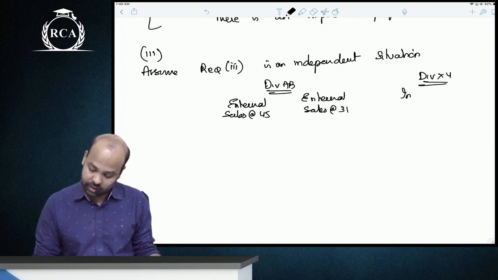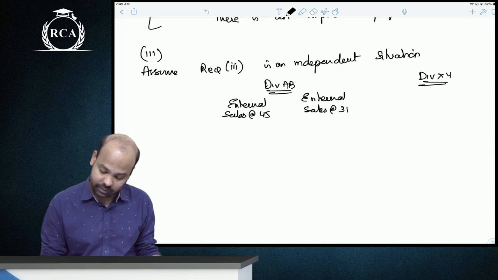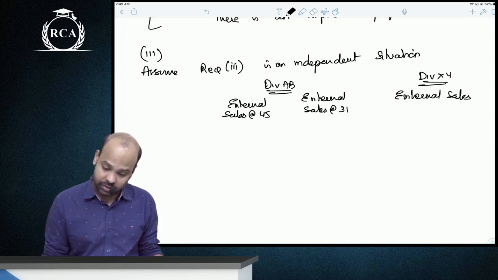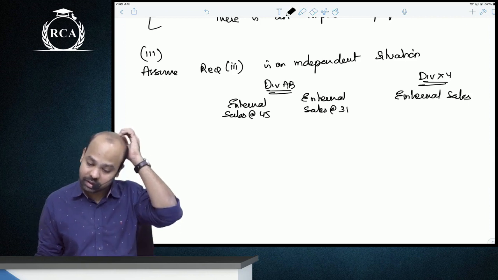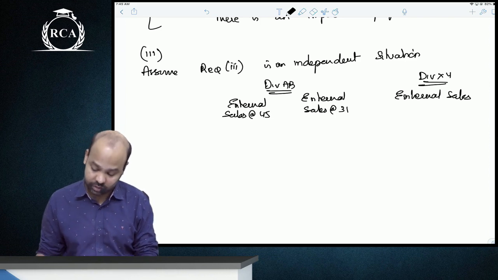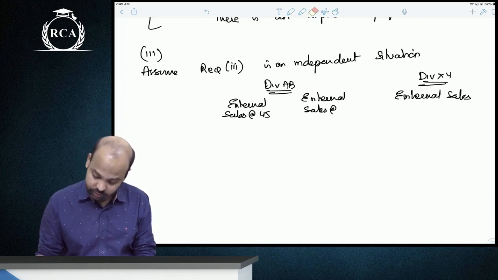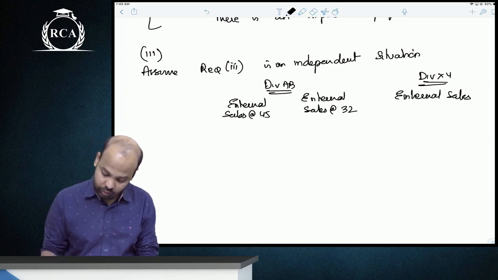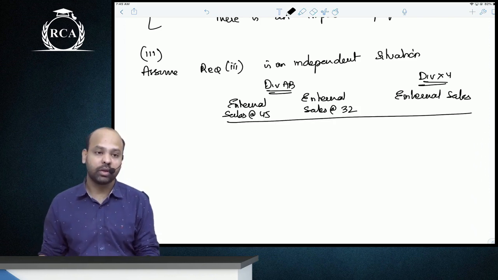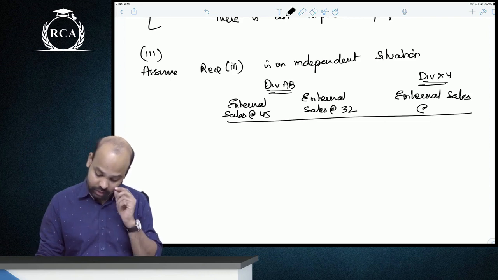Please understand, beta, division AB, guys, can sell 10,000 units in the open market at 32, I'm so sorry guys, at 32 rupees. And the other division, beta, is procuring it at 31 rupees in the open market.